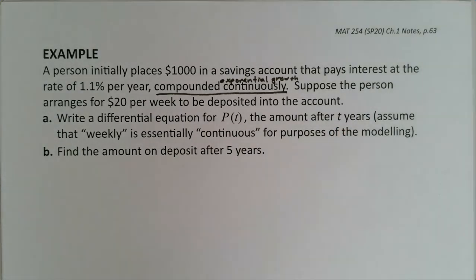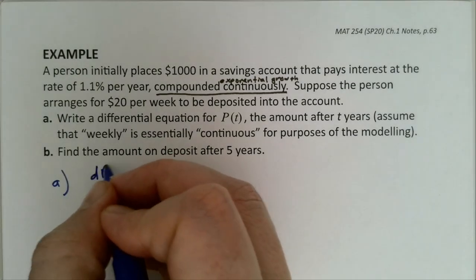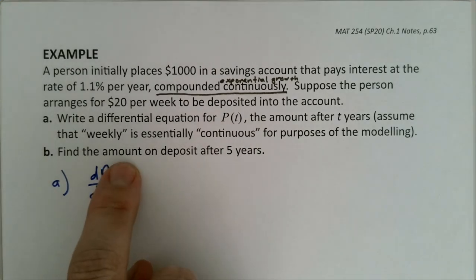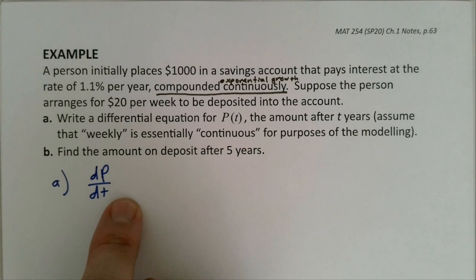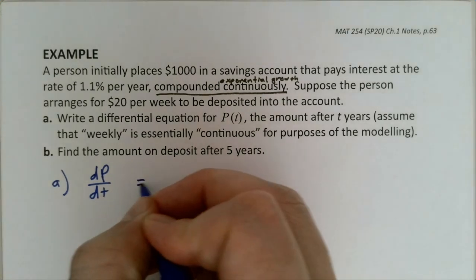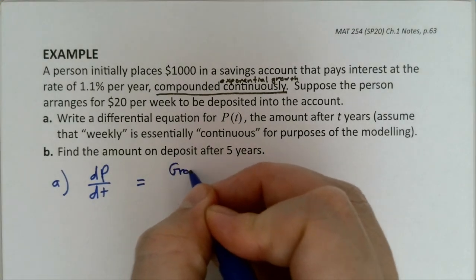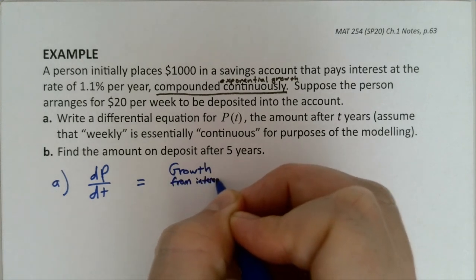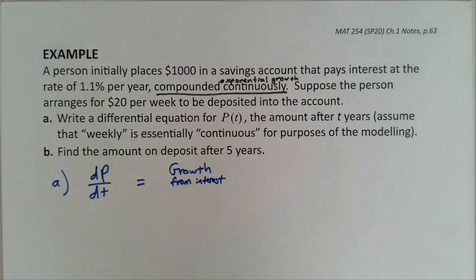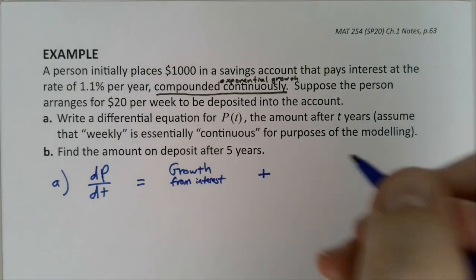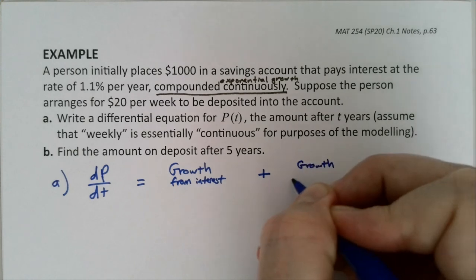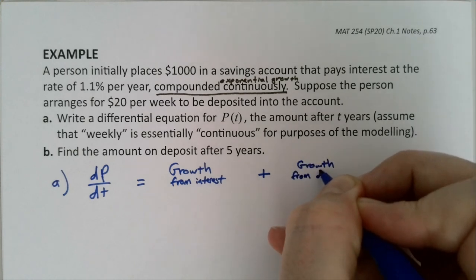So for part A, we need to write our differential equation, which is going to be dP/dt, the rate of change of the amount in the account per year, and that's got to be equal to some growth from the interest plus, and there's no decay in this case, we're not taking out anything, plus the growth from the deposits.